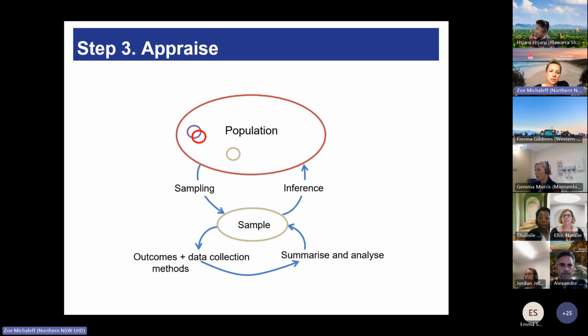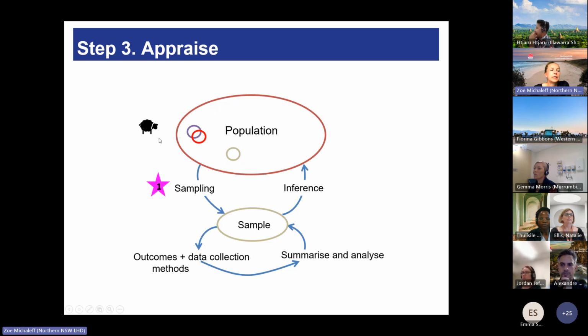And so when we're thinking about how this process can go wrong, the 2 aspects that can impact on the believability of the research that we find relate to how the sample is obtained. So last week we talked about making sure that that sample is representative of the larger population.